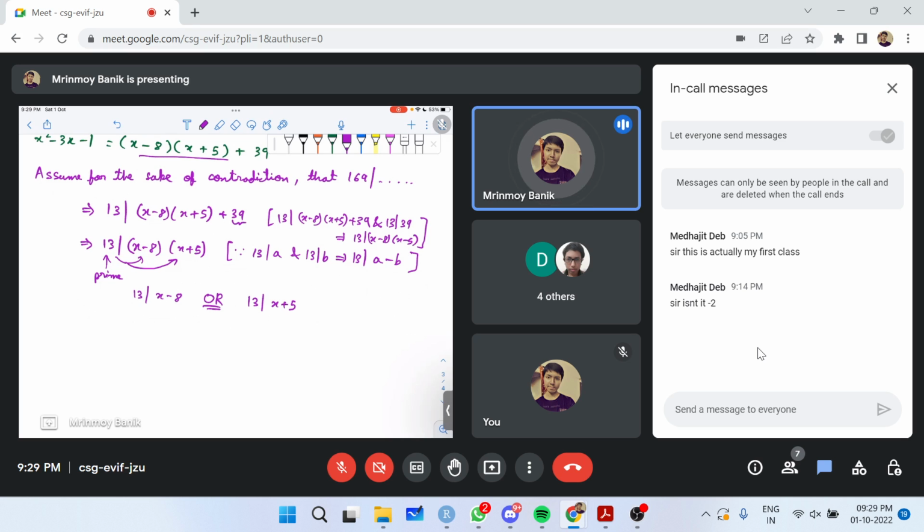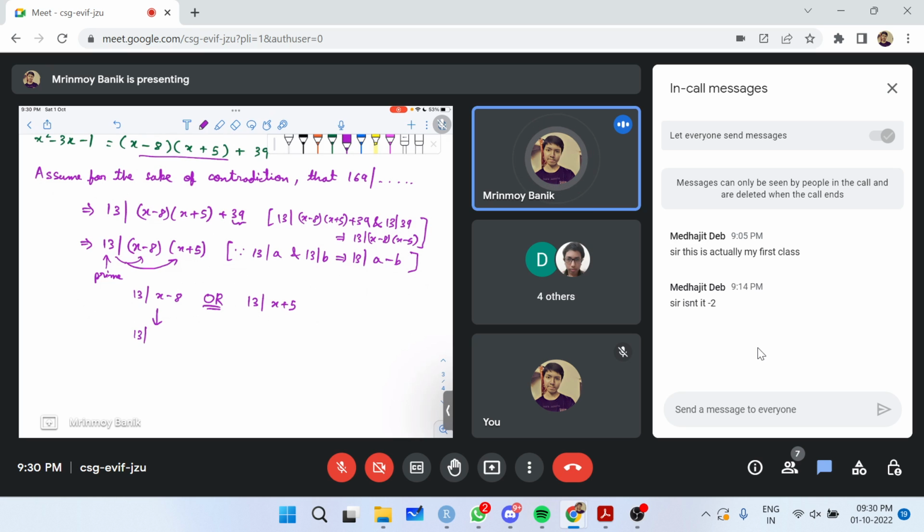In any one of the cases, the other will follow. Why is it true? Same reason. We can add 13 to the dividend to still get it divisible by 13, right?